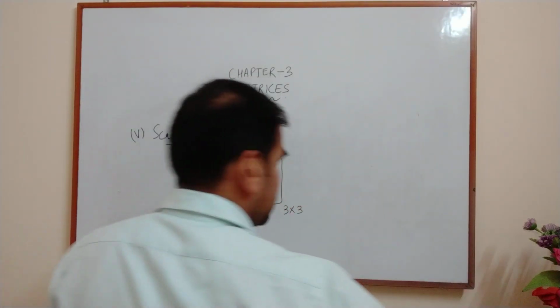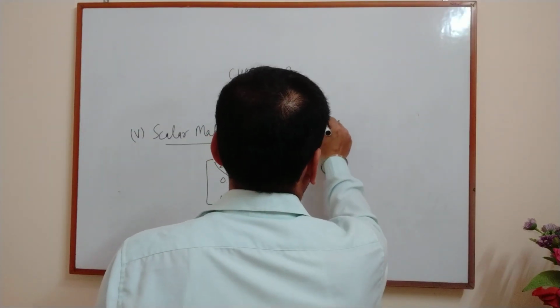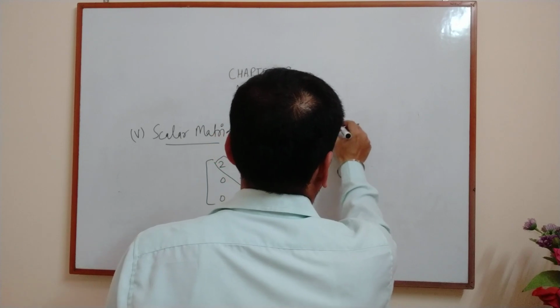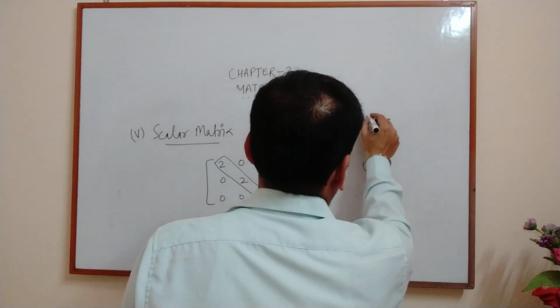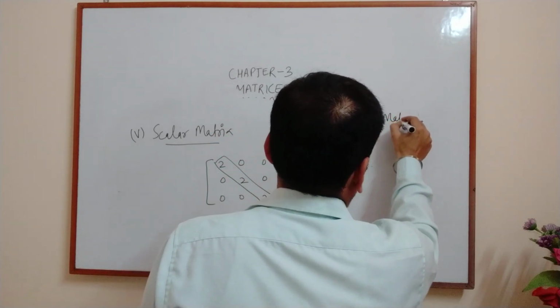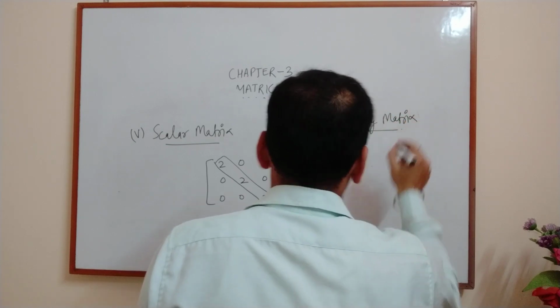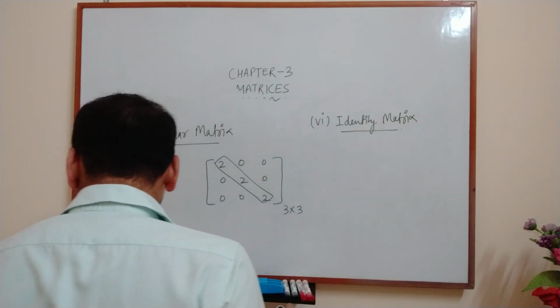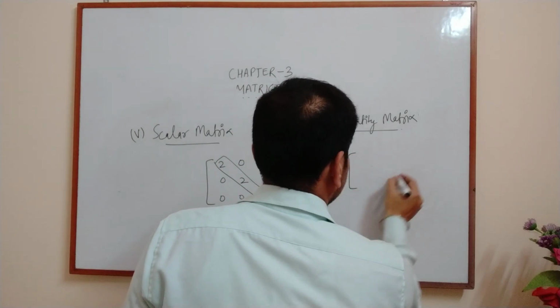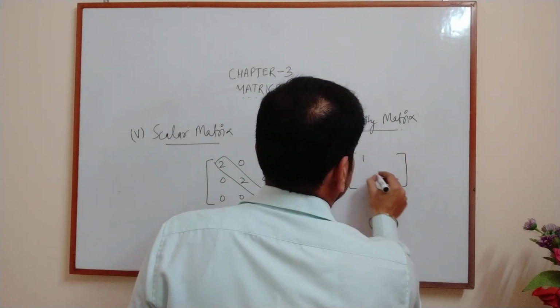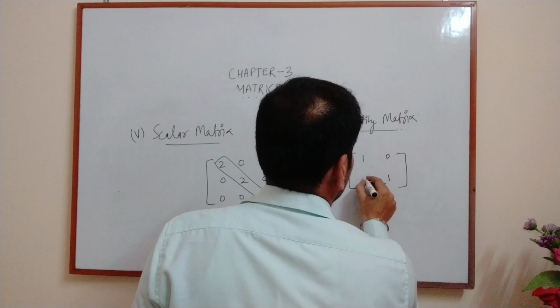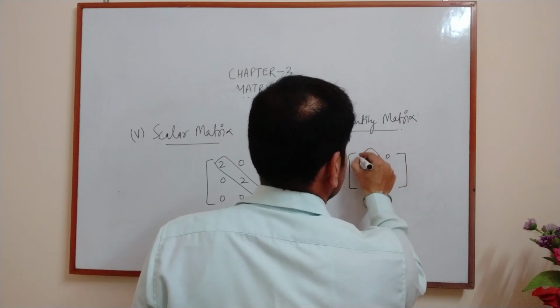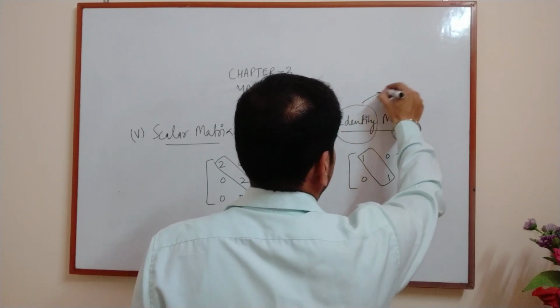Fine. Next type is the identity matrix. So what is an identity matrix? An identity matrix is a square matrix. All the diagonal elements are 1. So this identity makes it clear. This means 1.